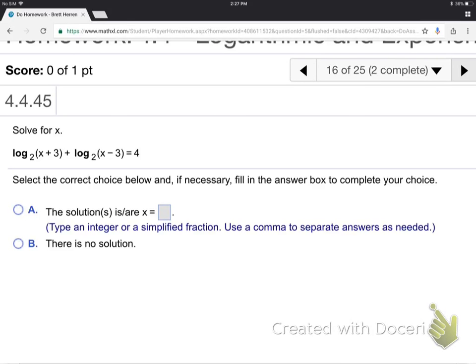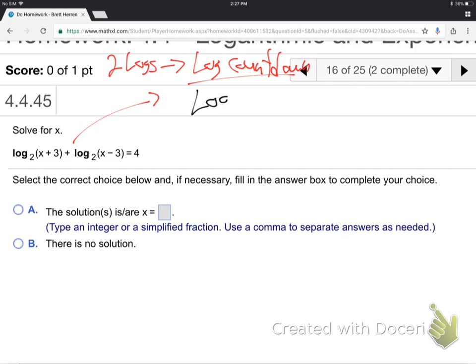Okay, so, log countdown. Did we do some of these? I called it log countdown. Whenever you have 2 logs, you do log countdown. So let me bring the question up here. We've got log base 2 of x plus 3 plus log base 2 of x minus 3 is 4.